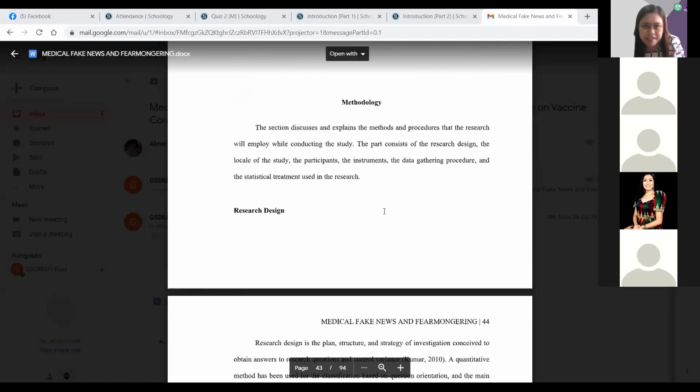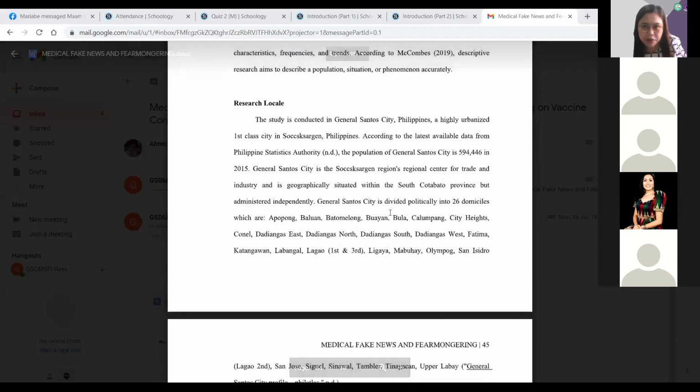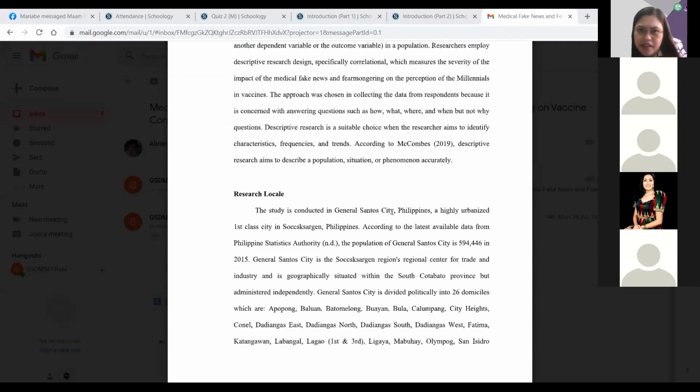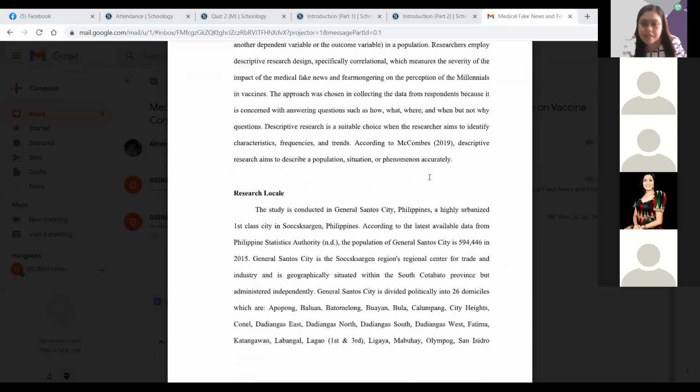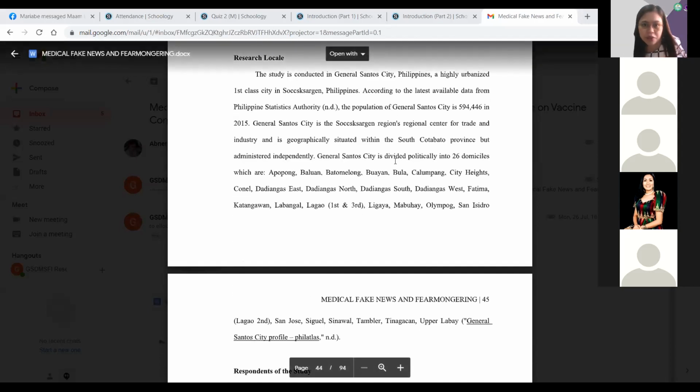After the research design comes the research locale. This one is the medical fake news and fear mongering, the research locale is General Santos City. So look at this one. This study is conducted in General Santos City, Philippines, a highly urbanized first-class city.